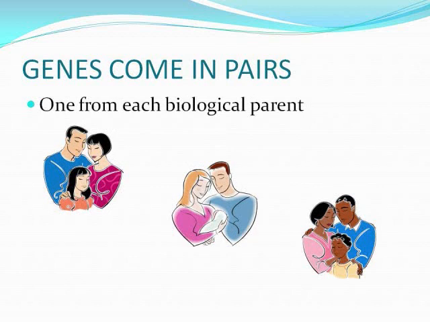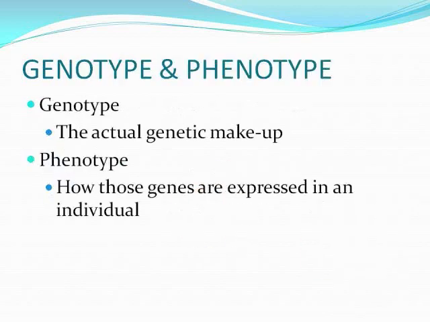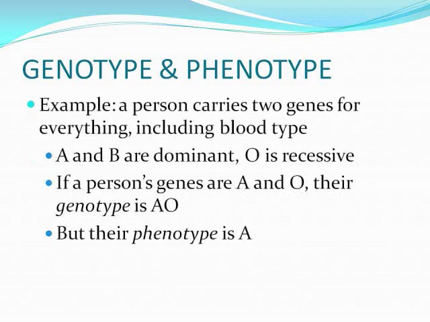Okay, as we said, genes come in pairs, one from each biological parent. Then the individual has a genotype, which is the actual genetic makeup, and they have a phenotype. That's how the genes are expressed within an individual. Here's an example. Okay, a person carries two genes for everything, including their blood type.